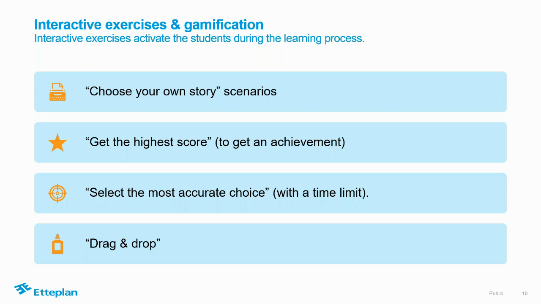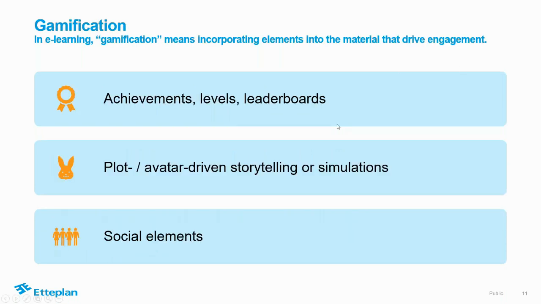You can choose your own story scenario, get the highest score, select the most accurate choice, or drag and drop. Gamification is a method of learning with the primary purpose of engaging the students to enhance the quality of learning so that they can transfer the learning to real life.